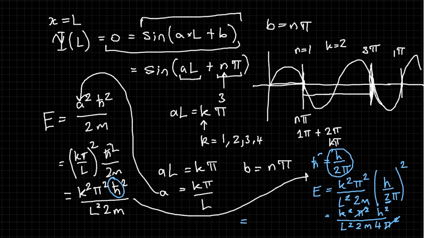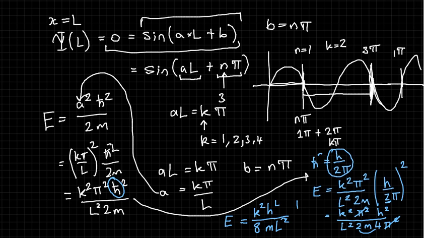So that's pretty easy. And what we're left with is h squared, and then we're going to have a 4 down here, and we're going to have a pi squared. So we're going to be left with a k squared. The pi squareds are going to cancel, but I'll just do it all in full so you can see. Divided by L squared times 2 times m times 4, because 2 to the power of 2 is going to be 4, and then we've got the pi squared.